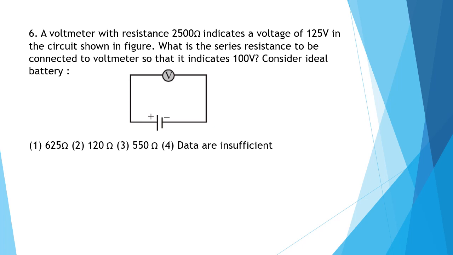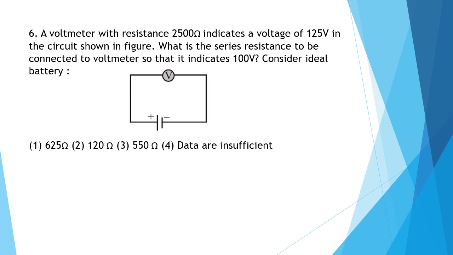In the question it is mentioned that when you add a resistance, the voltmeter indicates 100 volts. That means the total EMF is conserved, and as they have been connected in series, the current will be the same.